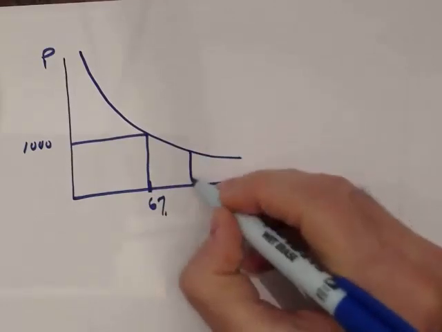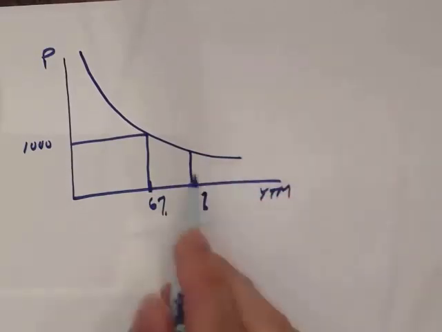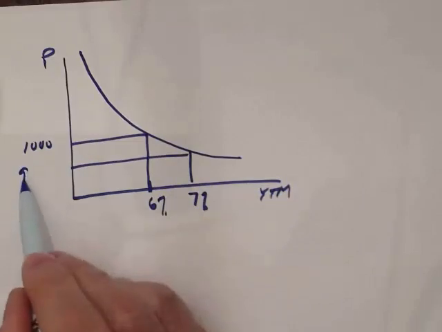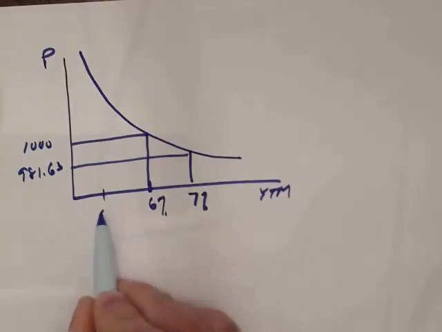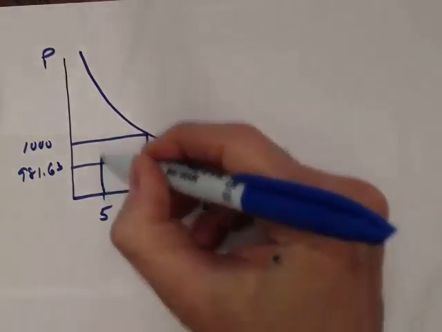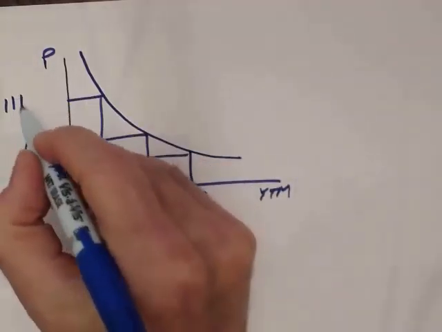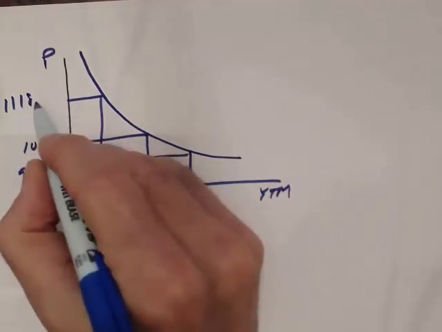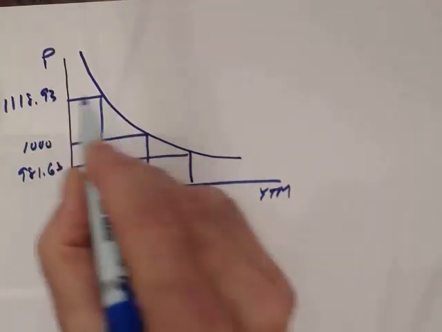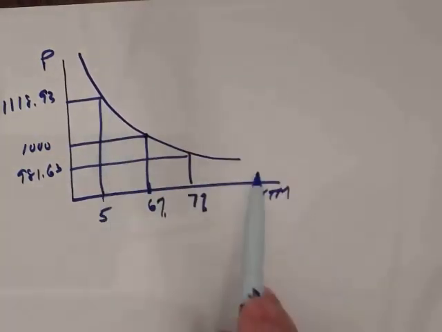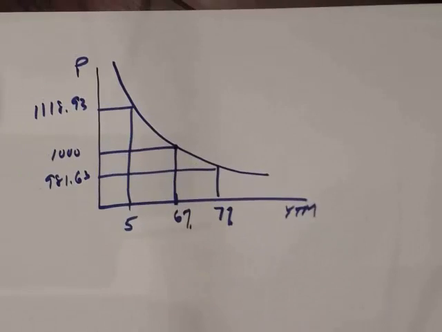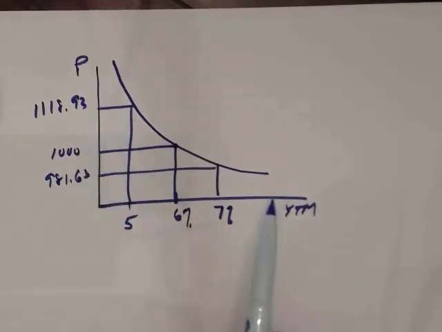When we looked at 7% yield to maturity, we had a price of $981 and change. And when we looked at a 5% yield to maturity, we had a price of $1,118.93. Okay? So you can see the inverse relationship between interest rates and bond prices. And that's what we're seeing here. Yield to maturity being an interest rate, the market interest rate.